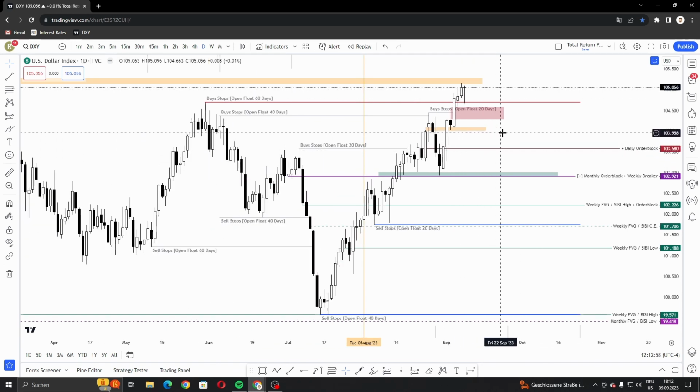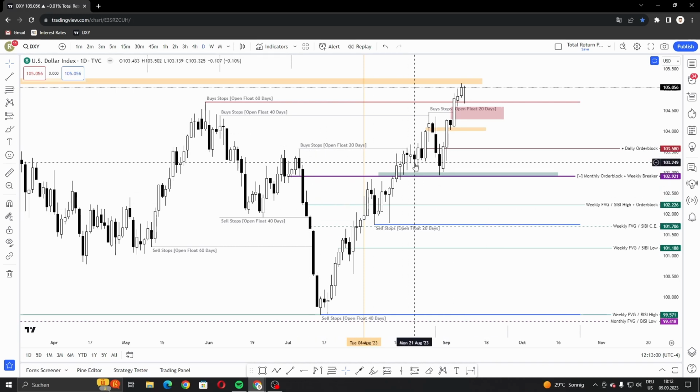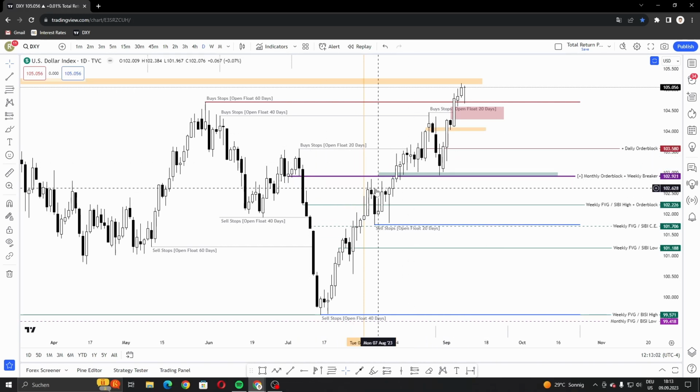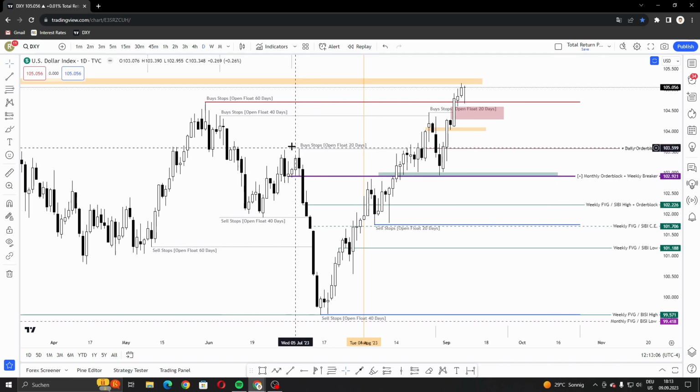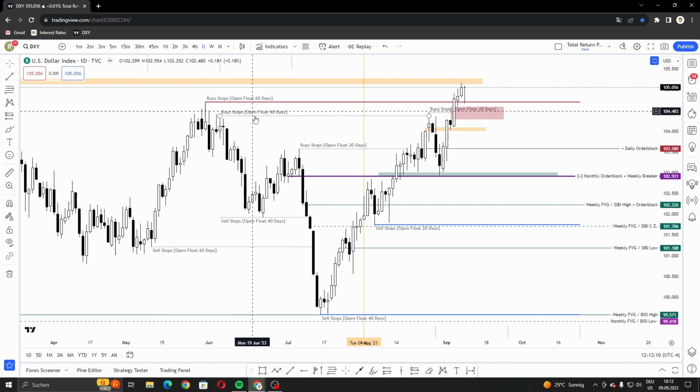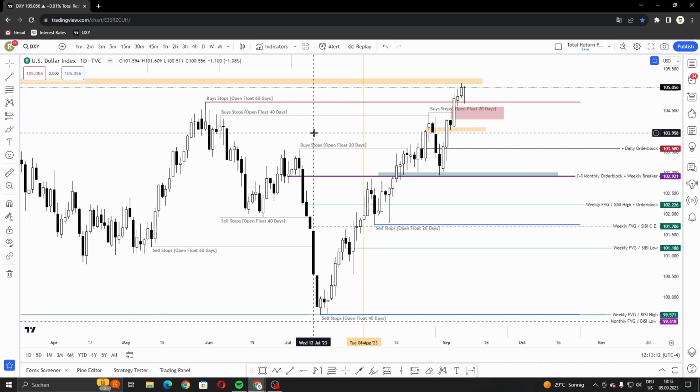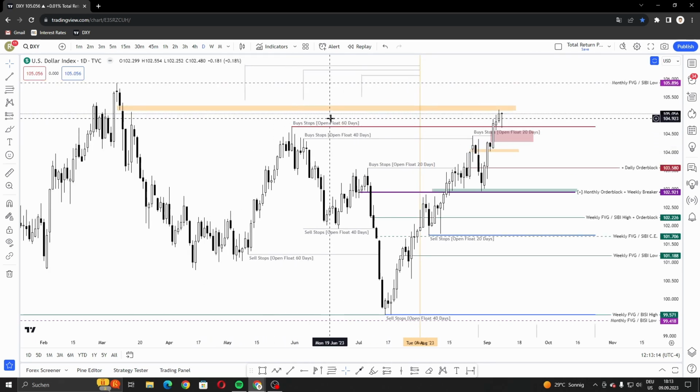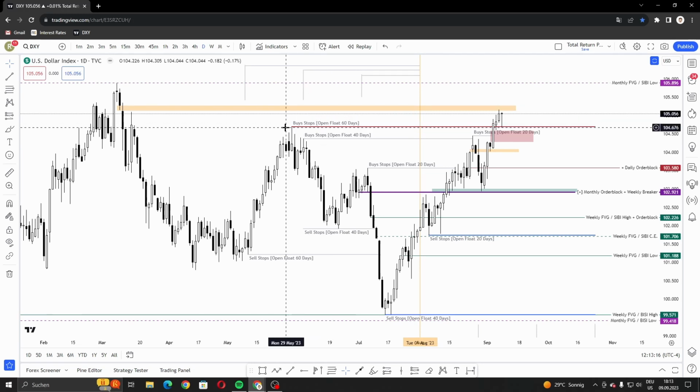But as you can see, we are inside a bullish order flow. We're respecting down close candles, and we are constantly raiding the buy stops above the marketplace, and right now we have nothing for open floats in terms of the look back of 60 days.